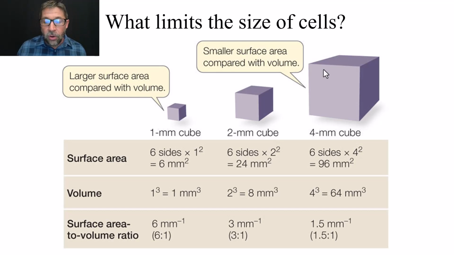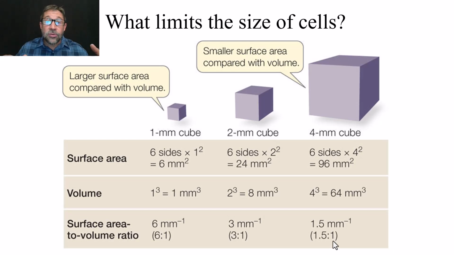But let's look at how the volume increases. If I do 4 times 4 times 4, base times depth times height, then I get 64 millimeters cubed. Okay, so the volume increased much more rapidly than the surface. So if I've got 96 parts surface to 64 parts volume, that's going to be 1.5 parts surface relative to 1 part volume.